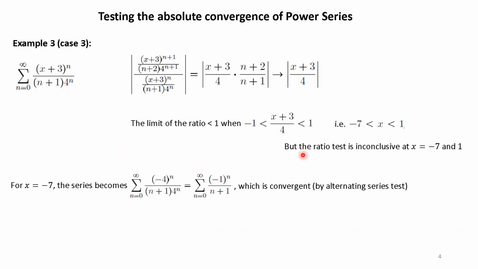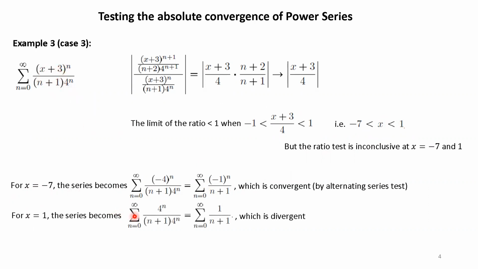Now let's look at the other case, which is x equals 1. This is 1 plus 3 in the numerator. In that case, instead of -4 to the n, I have just 4 to the n. Then this one is just a regular harmonic series, which is divergent.